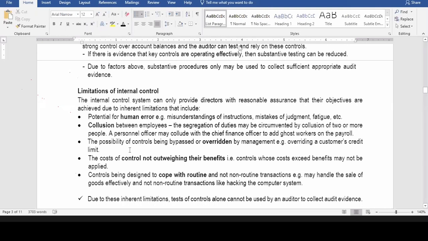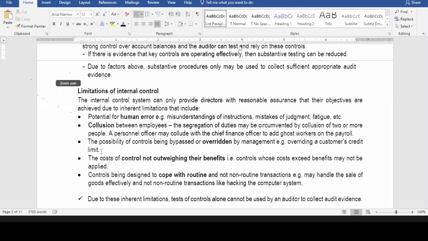3, there is the possibility of controls being bypassed or overridden by management. Management can override controls at times for the good of the company, but at times this could be fraudulent. For example, overriding a customer's credit limit, say, give him more goods on credit, he will pay.